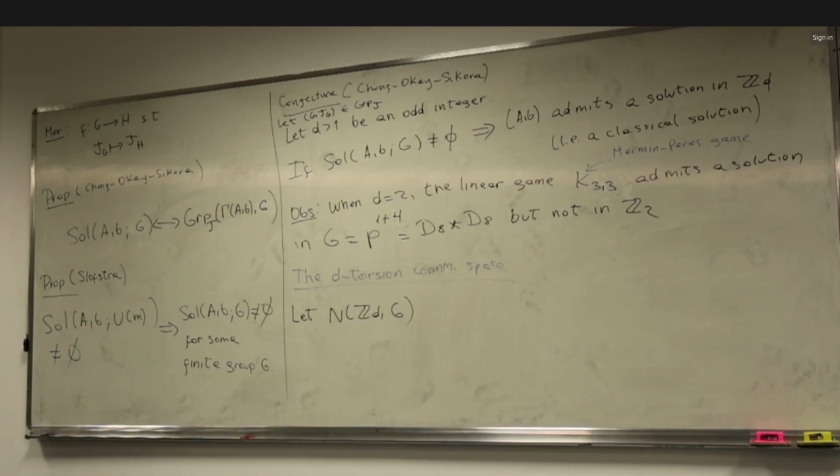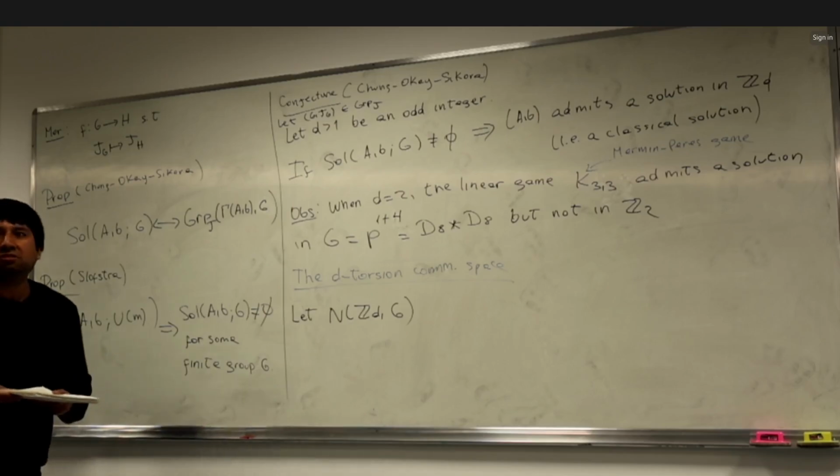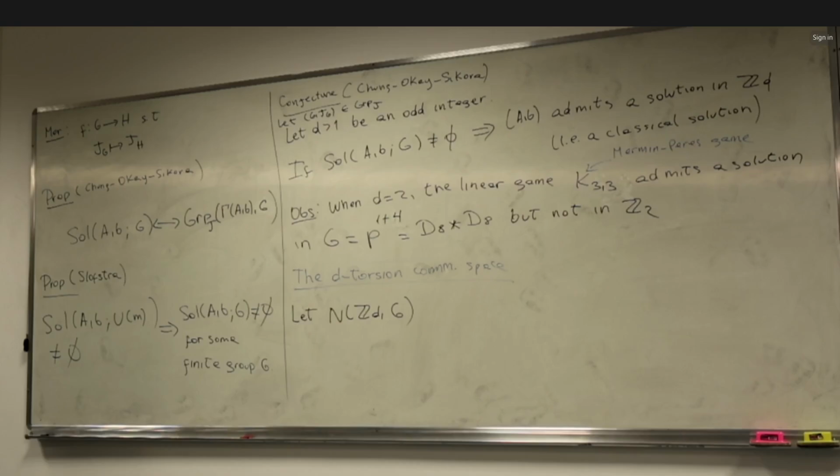Construct a solution. Well, the group is independent of the linear system, in fact. The conjecture says that the binary case is different in nature to the case for another d.